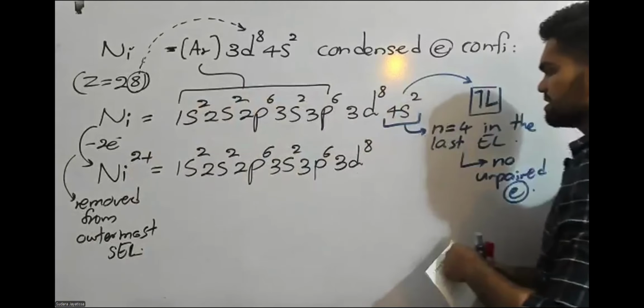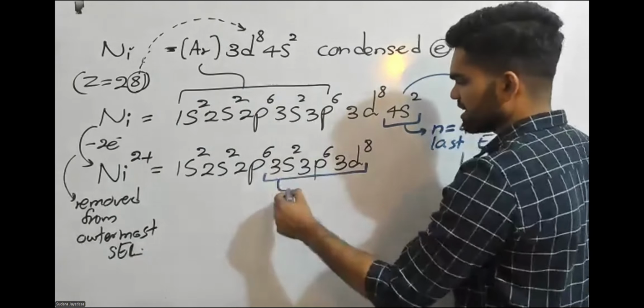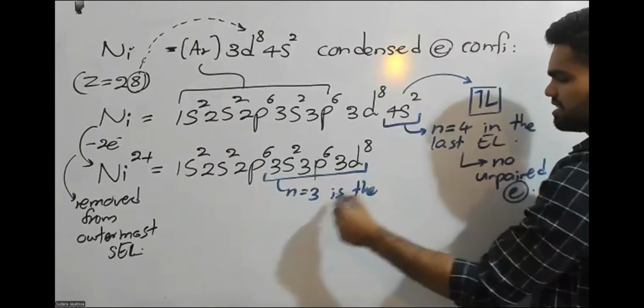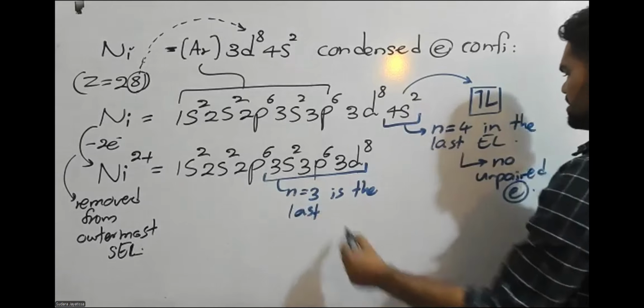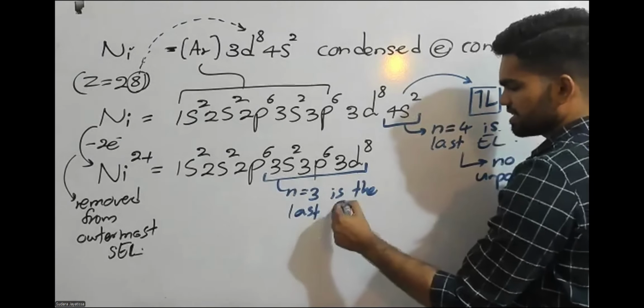So now what is our last energy level? Third energy level, n equal 3, is the last energy level here.